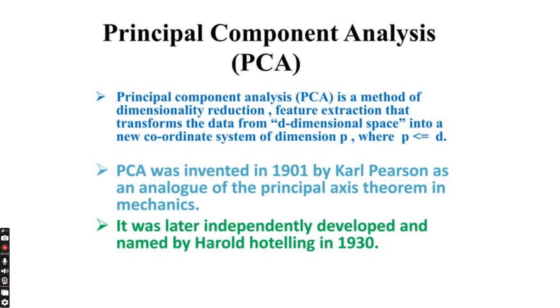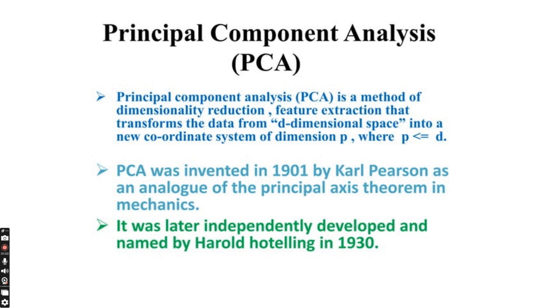After dimensionality reduction, we can extract the features from the input data. Also, it transforms the data from one form to another form, from d-dimensional space into the p-dimensional space.